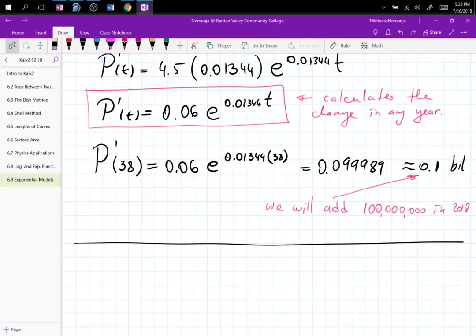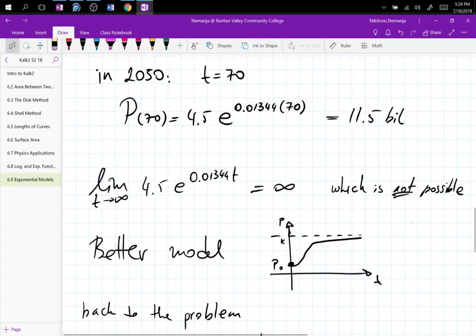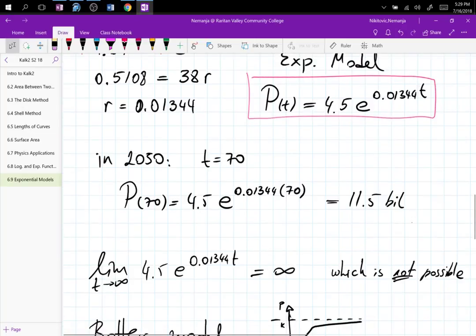Now, you can replace people with rabbits. You can replace rabbits with bacteria. Generally speaking, you are looking at an exponential model, and then you figure out the initial population and also the rate of growth, r. And once you have all of that done, you will have the model.